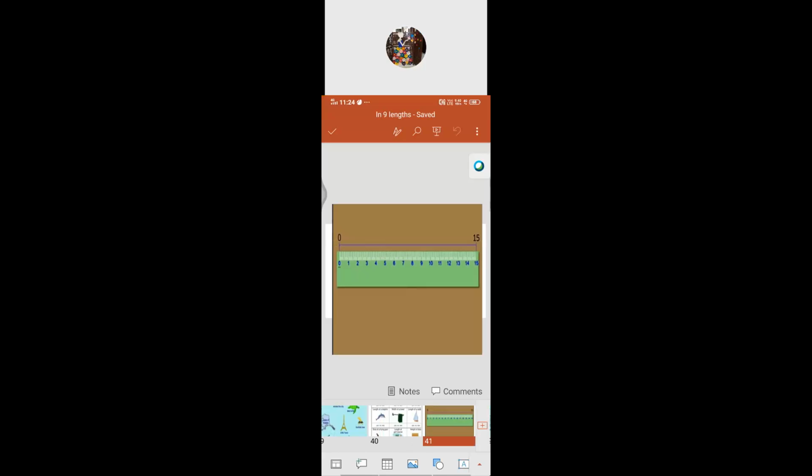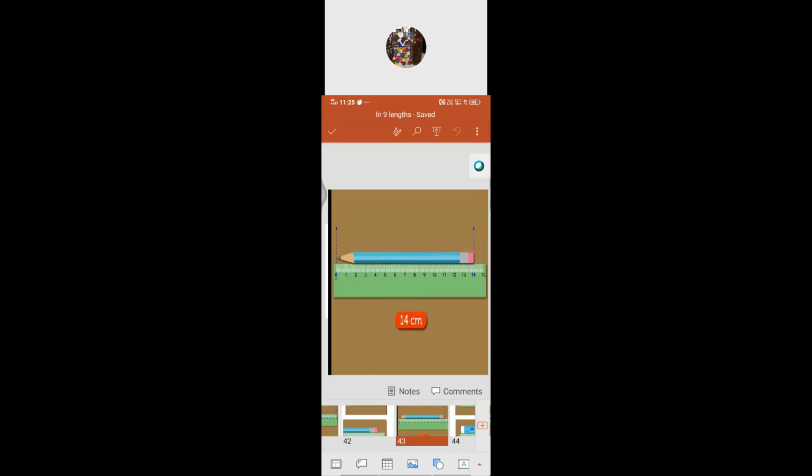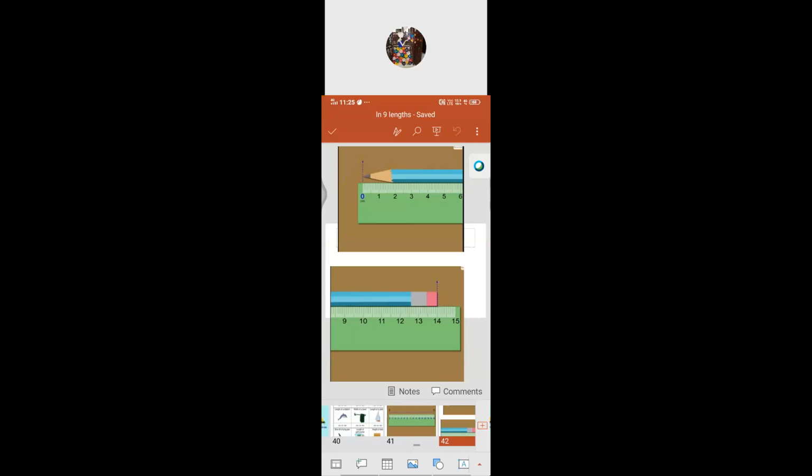We have discussed that smaller objects we can measure using centimeters. We can call it a ruler also, isn't it? Are you having a ruler with you now, children? Just take it and see. Yes, ma'am, we are having it.